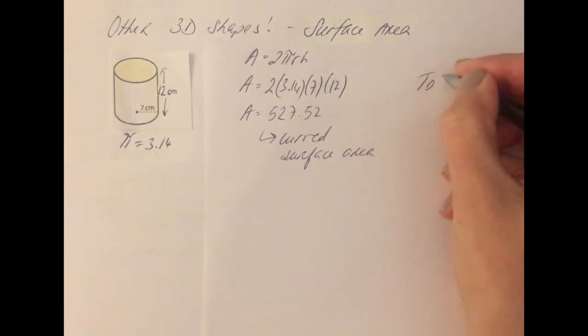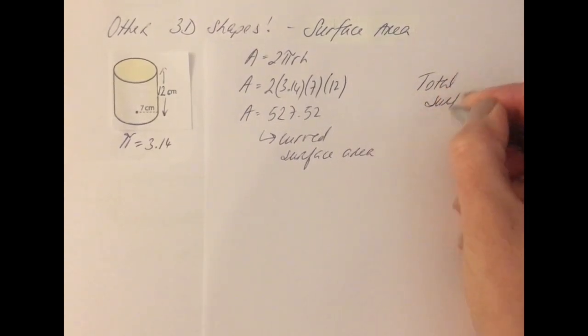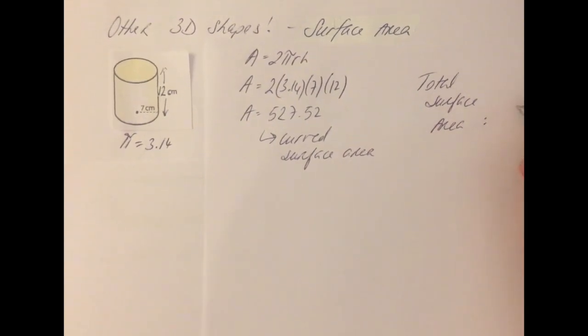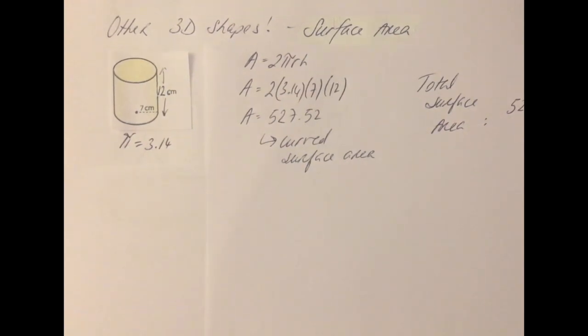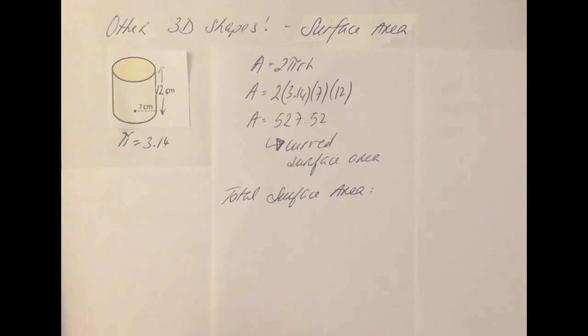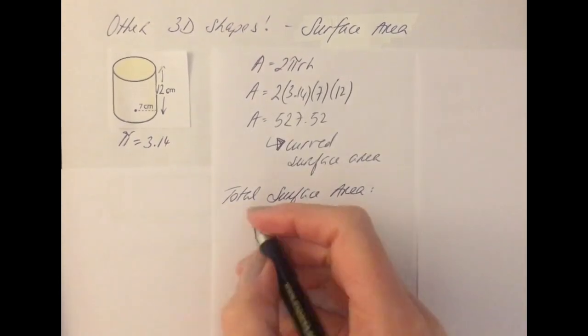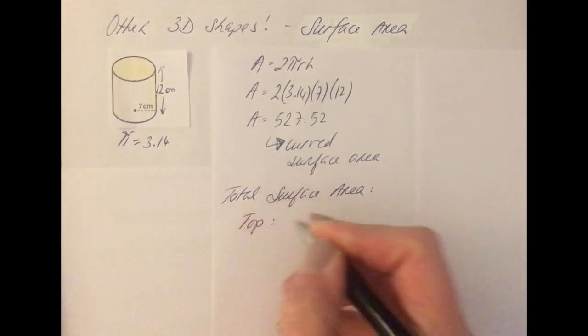But the total surface area is going to be 527.52, add on pi r squared, which of course is the top circle, and another pi r squared, which of course is the bottom. If you're asked for the total surface area, then you've got to consider the top, which of course is a circle.